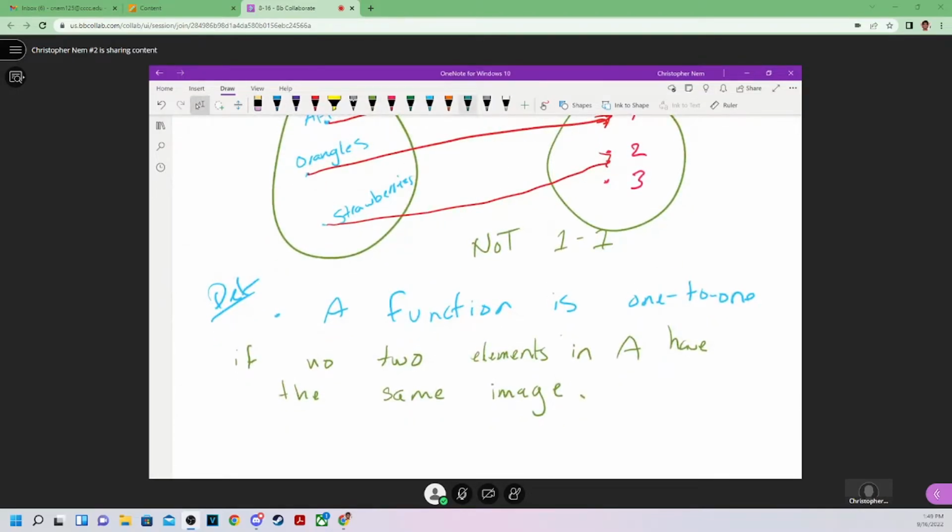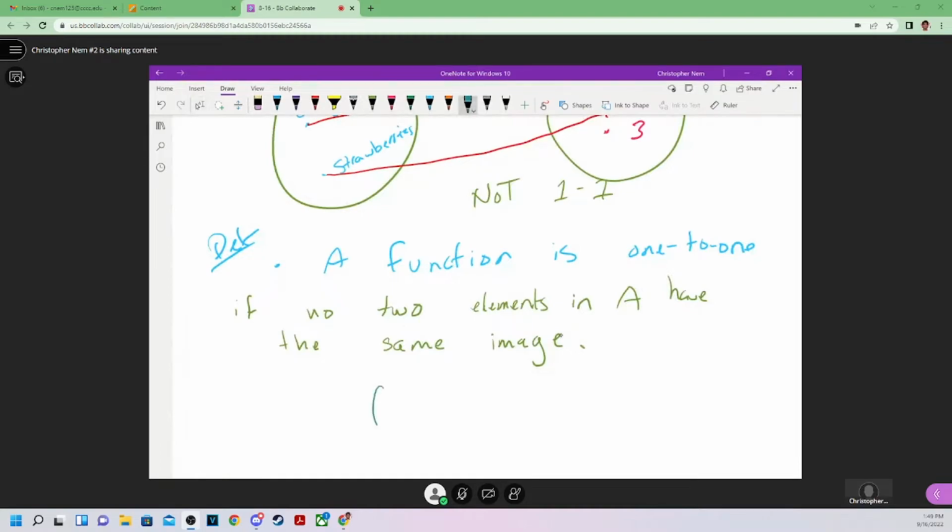That means that if I have an image, let's suppose that f of x1 does not equal f of x2. This can only happen whenever x1 does not equal x2. What it means is that, hey, every single output I have better not have two different inputs.